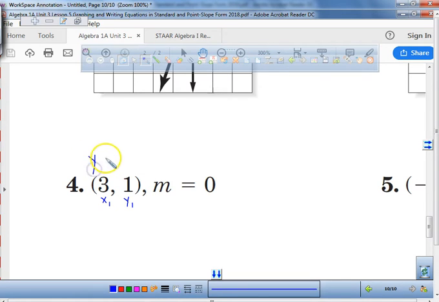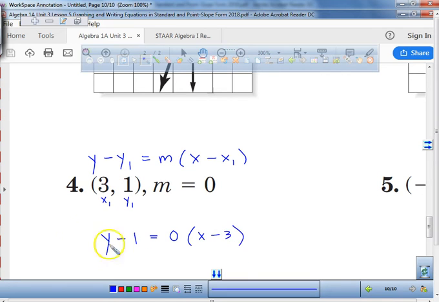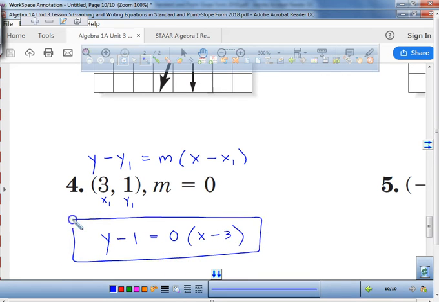All right, here we go. y minus y1 equals m in parentheses x minus x1. There we go. We're going to say y minus, what's our y1 value? 1, boom. Equals m, which is 0. And then x minus, what's our x value? 3. That's your answer in point slope form.